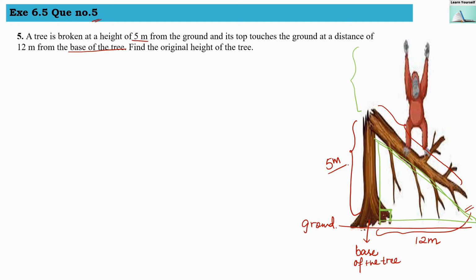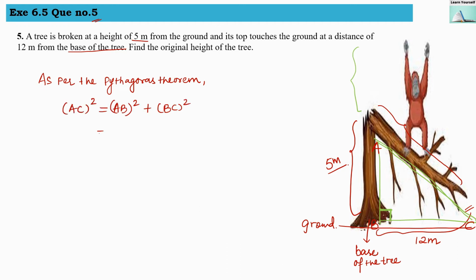So let us find the hypotenuse length as per our Pythagoras theorem. To do so, let us name this triangle A, B and C. So this is our triangle. As per the Pythagoras theorem, AC square equals AB square plus BC square, we know it is 5 square plus 12 square. So 25 plus 144.